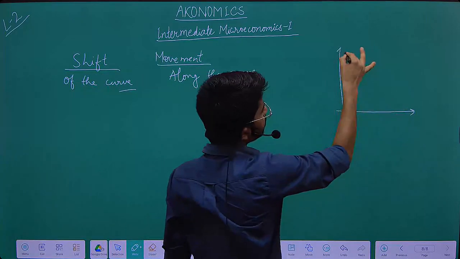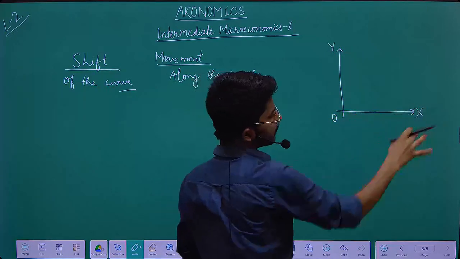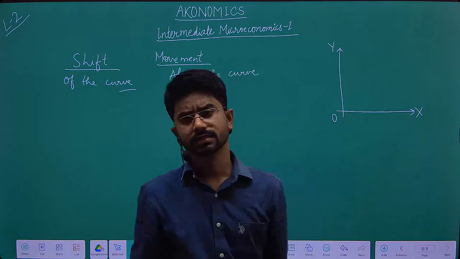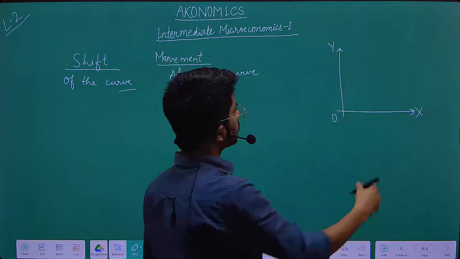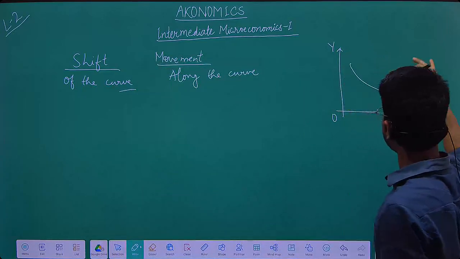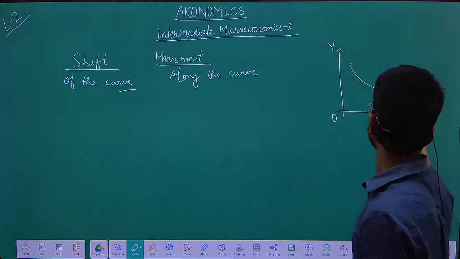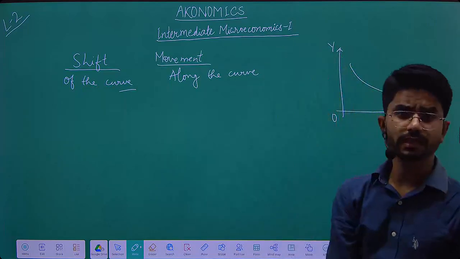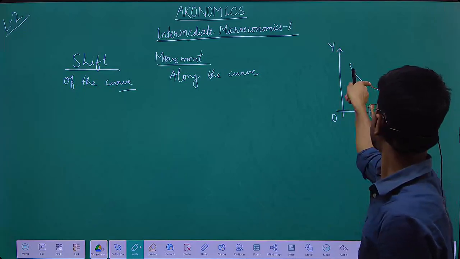So for shift, always remember, if you have two-dimensional space, that means if you have x-axis as the horizontal axis and y-axis as the vertical axis, and suppose this is a curve. Suppose x or y, either of these two changes, in that case you will have the movement along the curve.